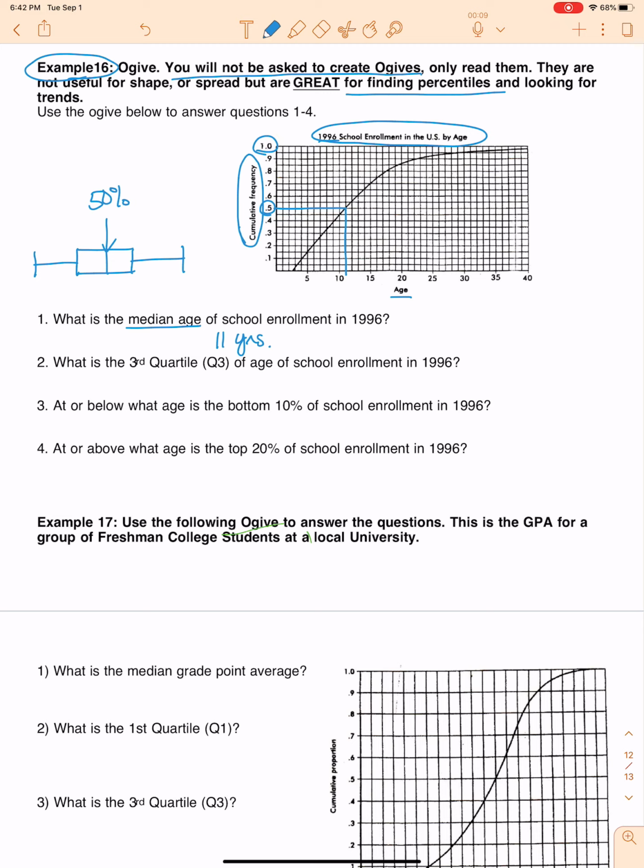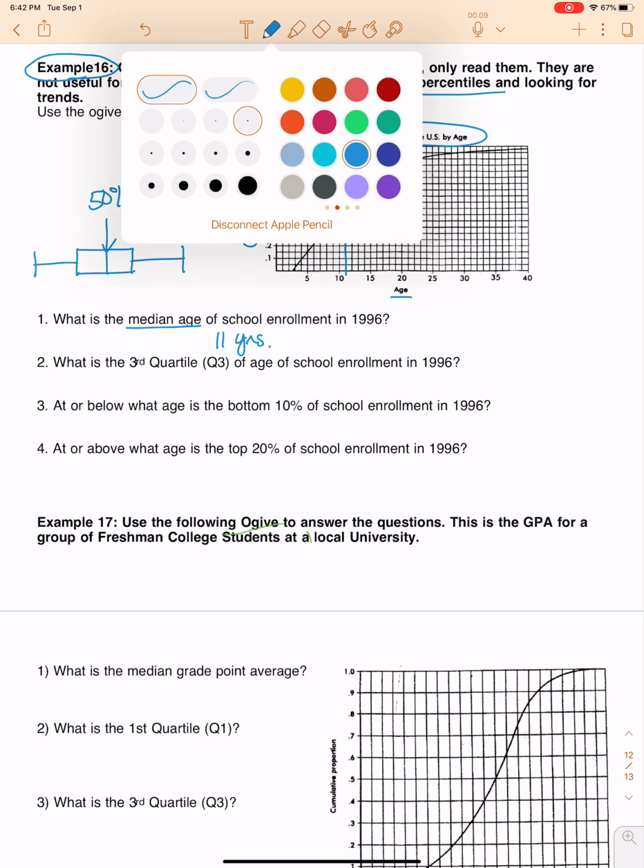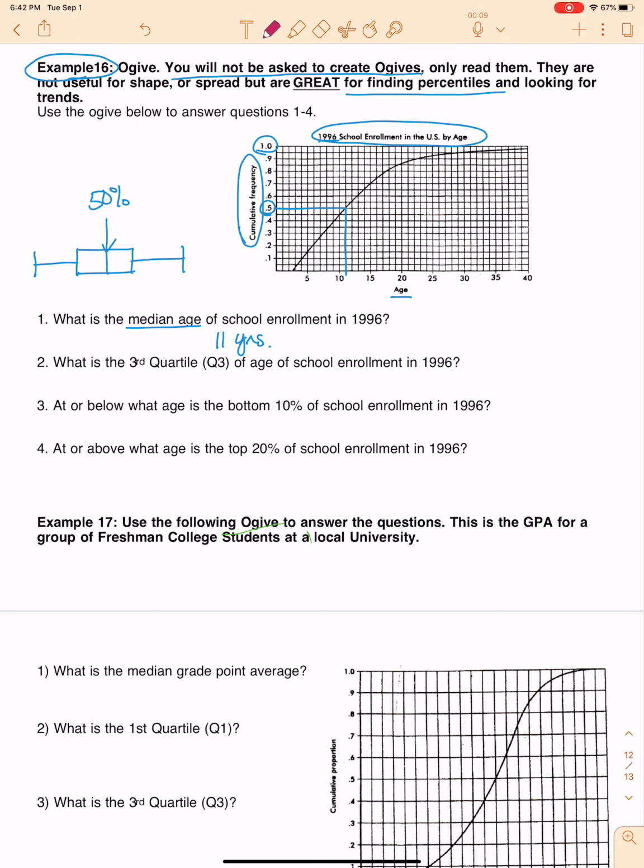Okay, so moving on from there. Number 2, what is the third quartile of age of school enrollment in 1996? Again, I'm going to refer to my box plot. So Q3 is going to be right there. If that's Q3, that's the 75% mark.